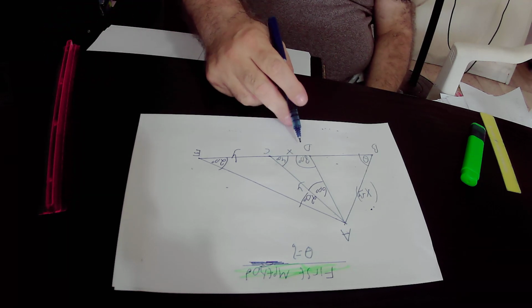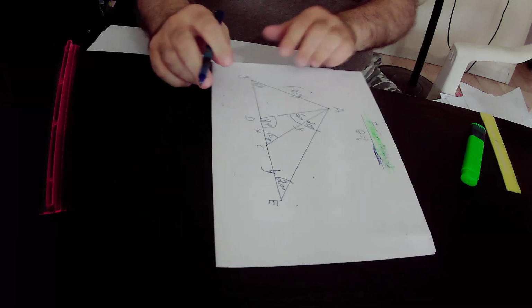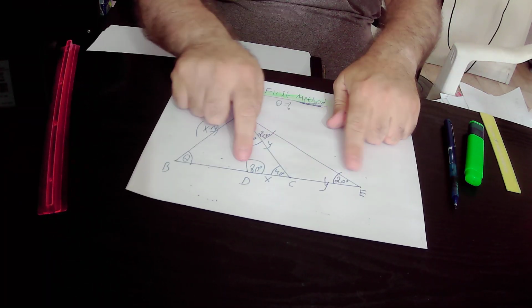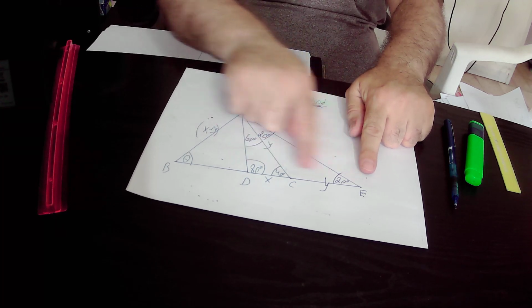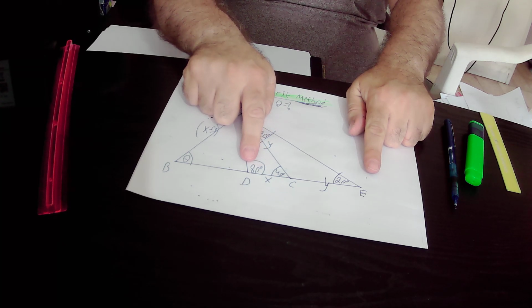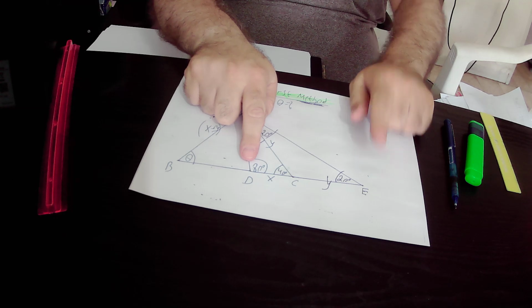And this angle equals 80 degrees according to what is given as a question. And what is the size of side DE? Here DE equals DC plus CE. That is to say, DE equals DC, that is X, plus CE, that is Y. In conclusion, DE equals X plus Y.